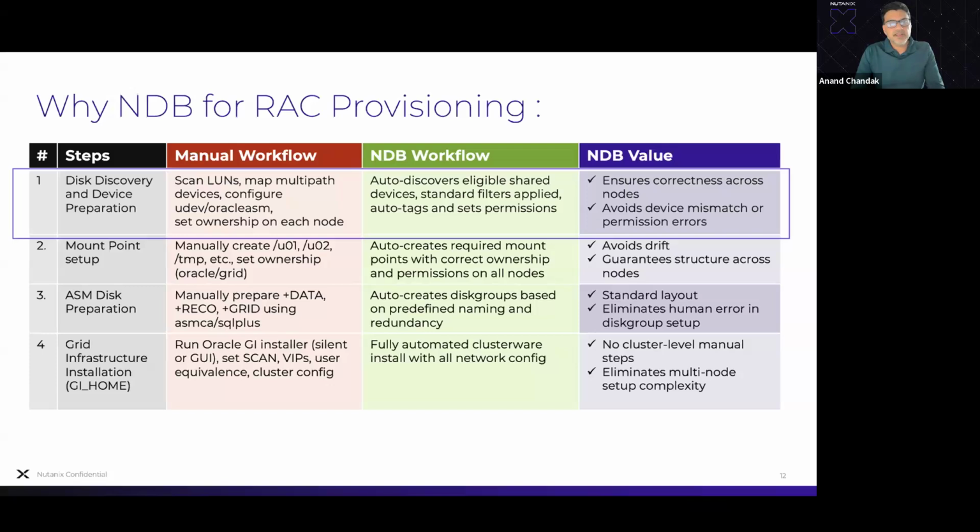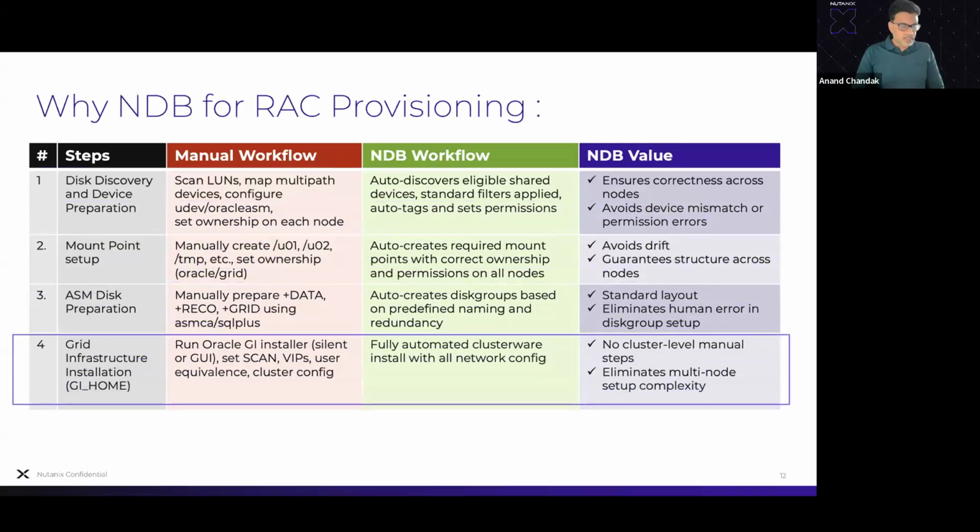Now, this is where it gets problematic. One permission error can kill the entire deployment. With NDB, we auto-discover all the eligible devices and set the permissions correctly across all the nodes, so you avoid any device mismatch or permission error.